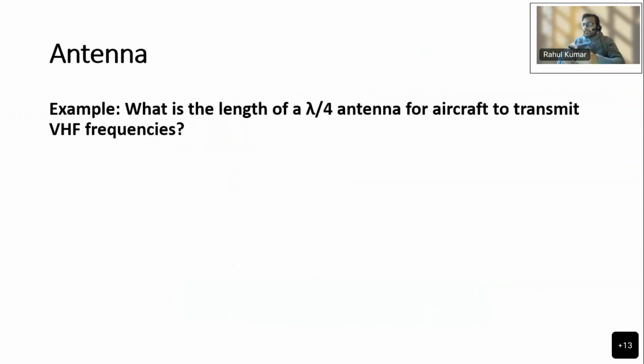Now here is a numerical example based on the formula which we have discussed. Let's read the example. What is the length of a lambda by 4 antenna? It is a unipole antenna for aircraft to transmit in the VHF frequency.